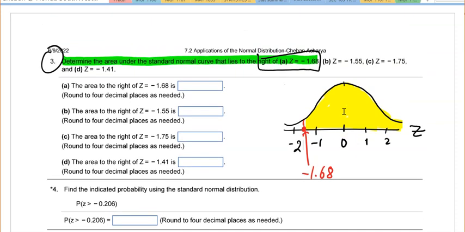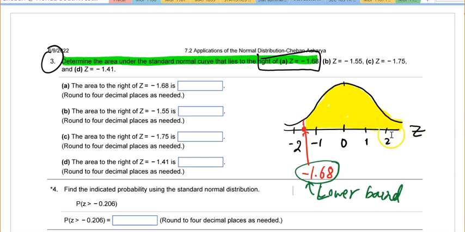Make sense? Now if you find this area, you look for the bounds. For this area, this number must be, what do you think, upper bound or lower bound? Yeah, this must be the lower bound. What's the upper bound of this area? I don't know, because this area goes all the way to the right.